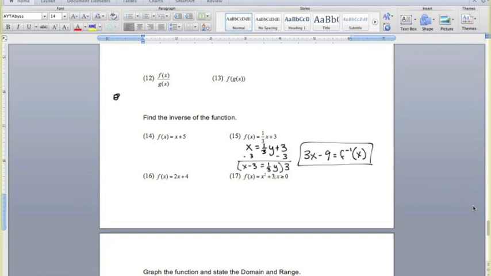I'm going to look at number 17, just as it appears on your sheet. So we're going to switch x and y. And then we want to get y alone again. So what do I do first to get y alone? Subtract 3.